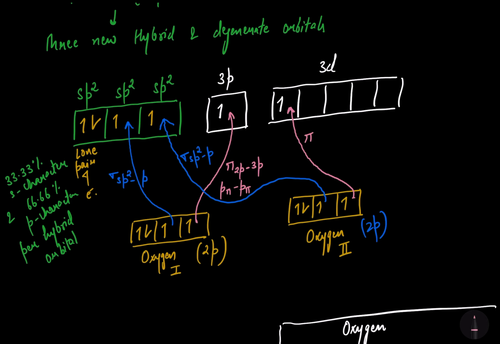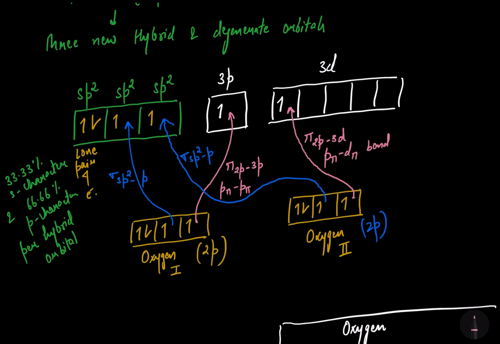So that's again the pi bond formed between the 2p of oxygen number 2 and the 3d of sulfur, and that's why this is also called p pi d pi bond.